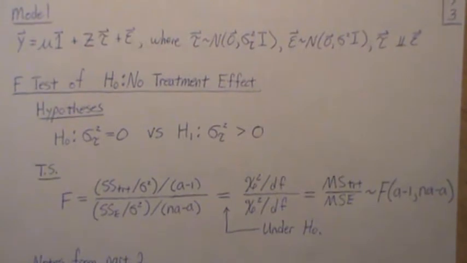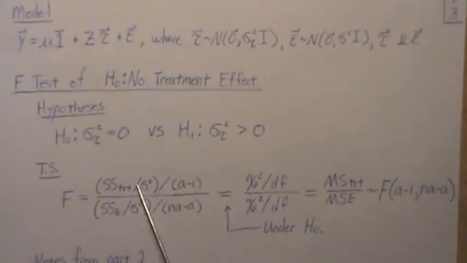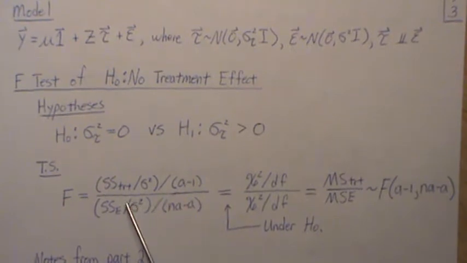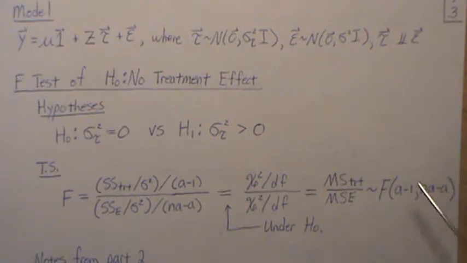The F-test is this: it's a chi-squared divided by its degrees of freedom, divided by a chi-squared divided by its degrees of freedom. And that's what makes an F-test. And the sum of squares treatment and sum of squared errors are independent. We've shown that, I think, in part 1, but definitely in the little mini-series on one-way fixed effects ANOVA.